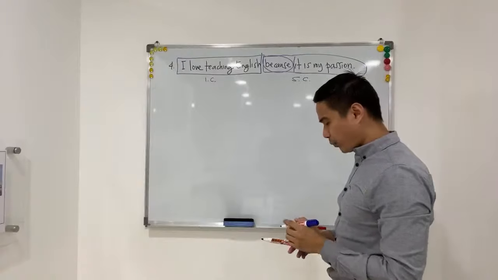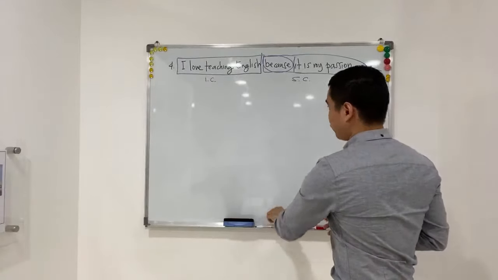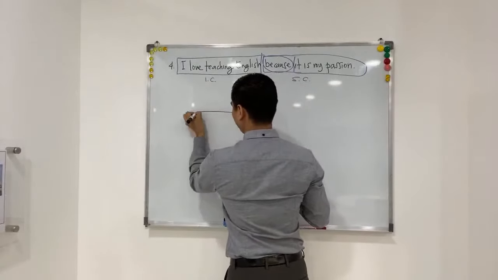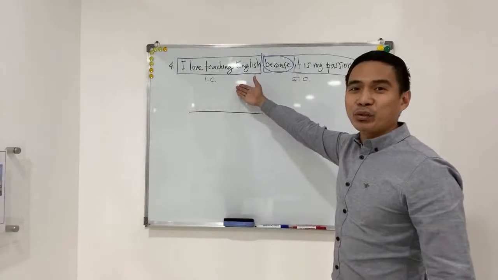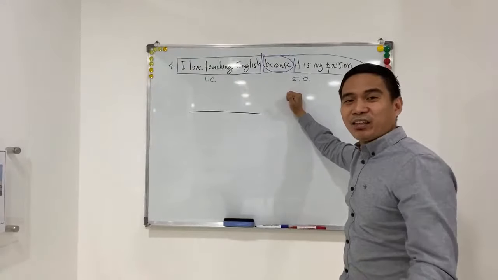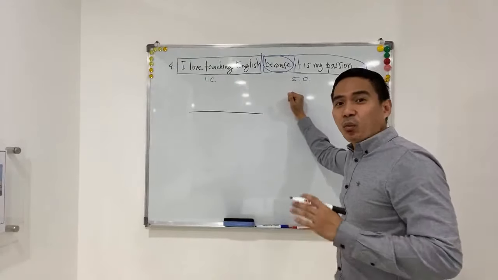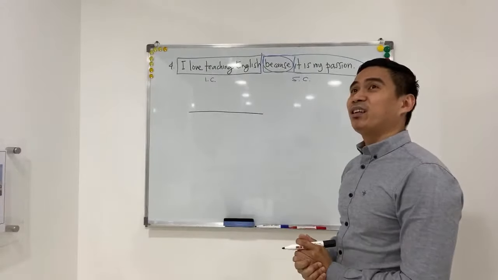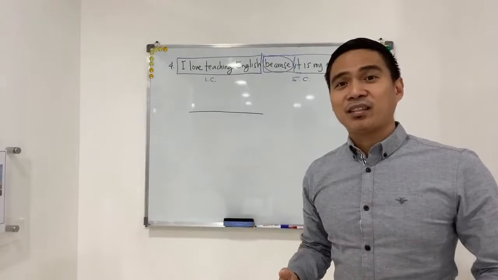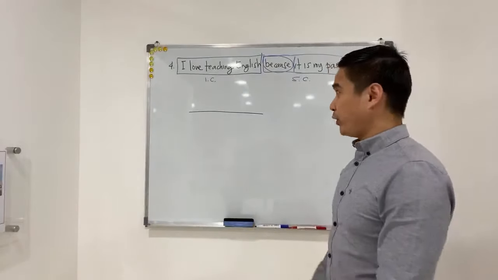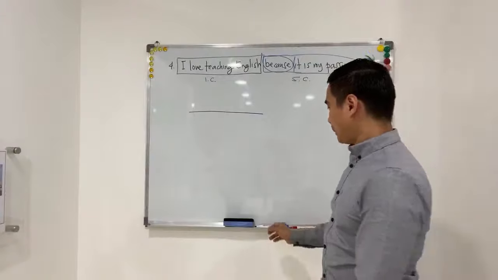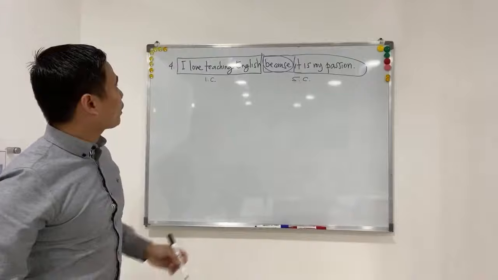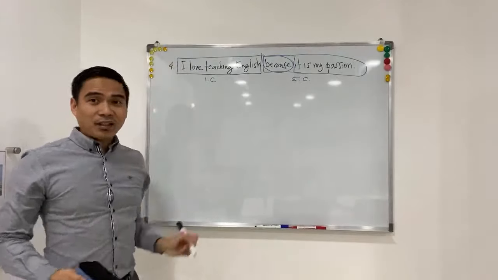So how to diagram this? Just the same, go back to the baseline. I don't know why we use this, but of course, in daily conversation, we are using words that we don't even understand or we don't even know are classified as a special word or a special element in a sentence. For example, this teaching, here, love is our verb.